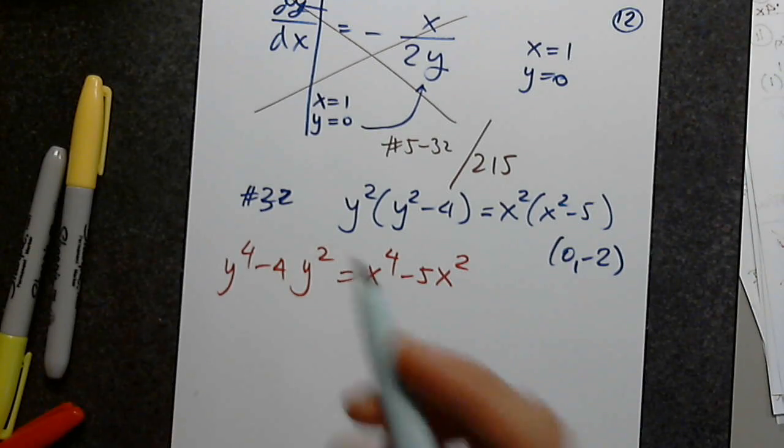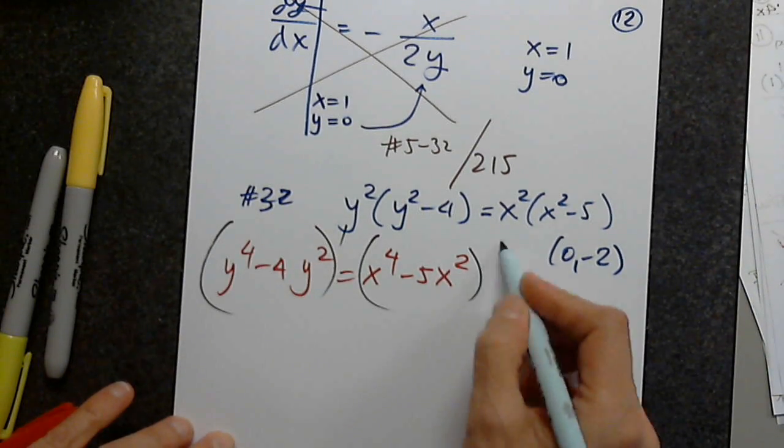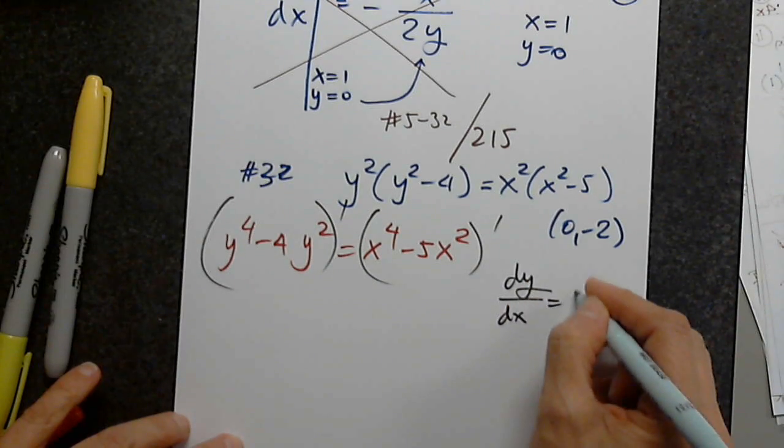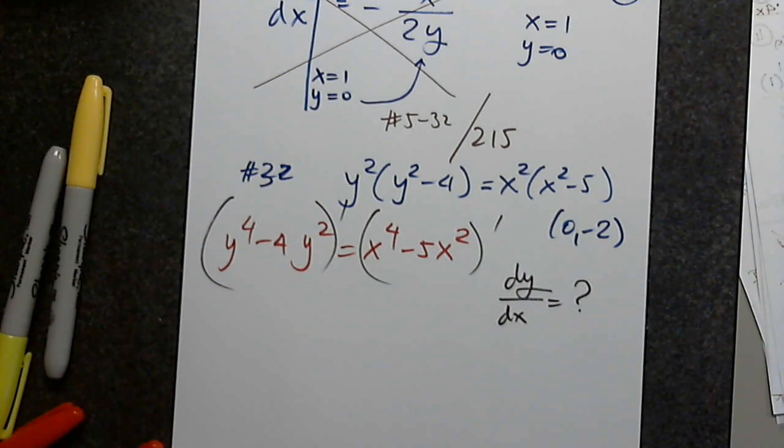And now I will differentiate both sides. We are asked to find dy over dx, although it's not clear in the problem. It says use implicit differentiation to find an equation, and so on, which really is what it implies. X is the variable and y is the function. Good.